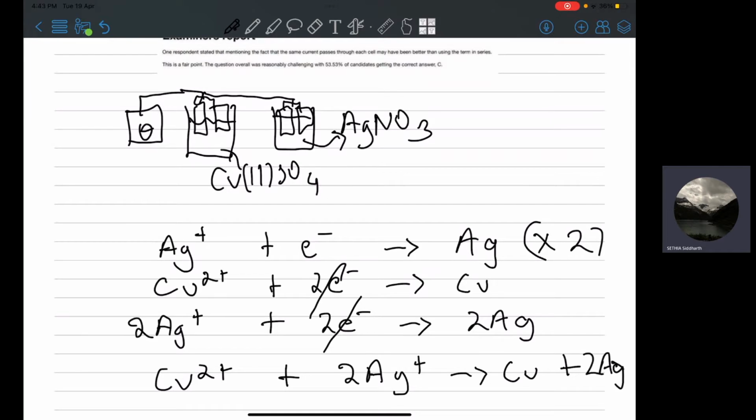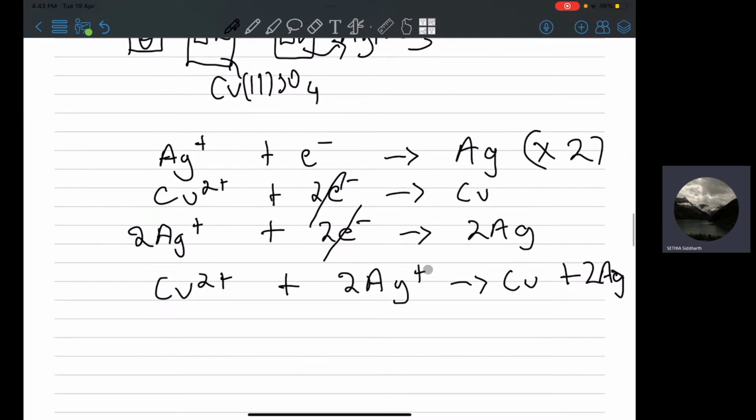Now, I'm going to give you a little disclaimer. This equation by no means is correct. I have only written this equation for the sake of explanation, because if you look at it, this is not a redox reaction equation, because in this case, both species are getting reduced, and that doesn't work for a redox equation. In a redox equation, you have something getting reduced and something getting oxidized. In this case, both things are getting reduced.